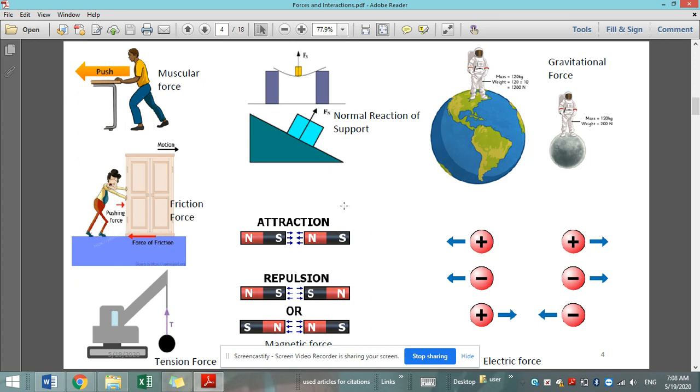On the other hand, talking about the forces acting at a distance, which are the magnetic force, the electric force, and the gravitational force, we have two types of magnetic forces, which are forces of attraction or repulsion. If the two poles are opposite, then they attract. If they are similar, then they repel.